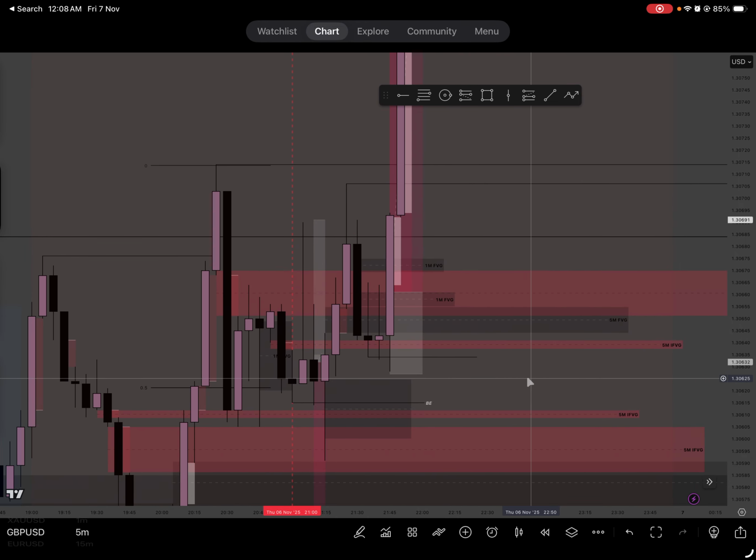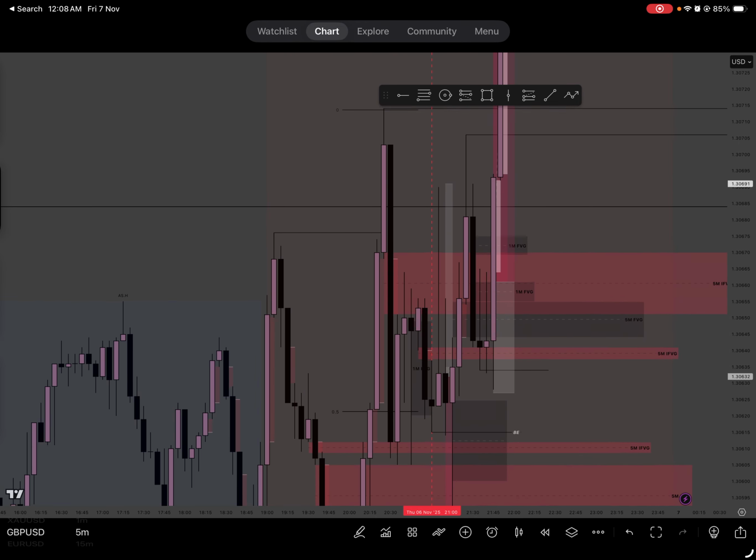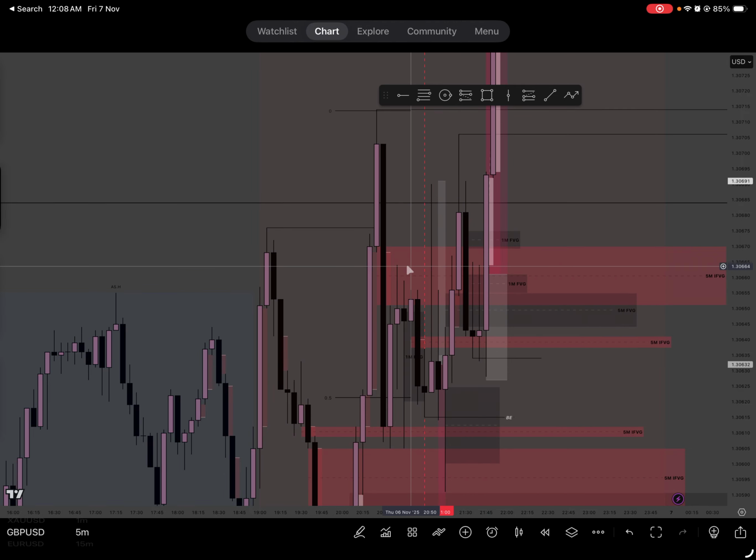Sorry, so many fair value gap words are going to be flying out of my mouth. But once we tapped into this POI, we displace from it. On that displacement, we create another bearish 5-minute fair value gap here.